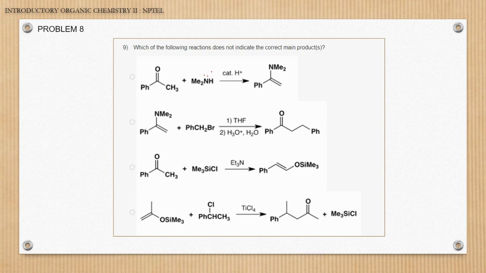So we have gone through one situation, like actually we have talked about enamines, right? So what will happen in this case? Catalytic H ion means basically acid. So here this amine will attack your carbonyl compound, which is protonated by acid, making the center more electrophilic.